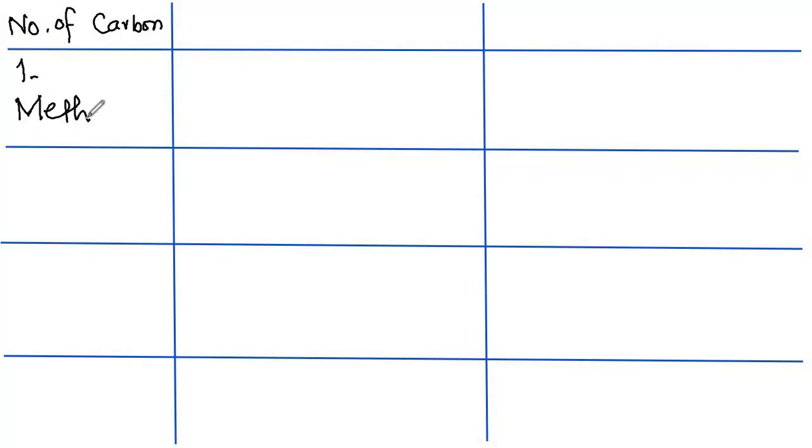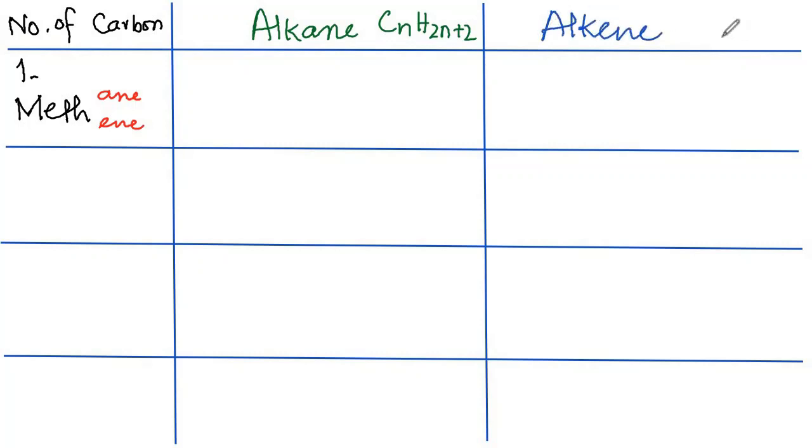So one carbon atom is meth, and then we use the suffix ane or ene depending upon the type of compound we have. If we have all single covalent bonds, then we call it ane, which refers to the alkanes, having a general formula CnH2n+2. This formula helps us find the number of hydrogen atoms in a particular alkane having a specific number of carbon atoms. On the other hand, alkenes have a general formula CnH2n.